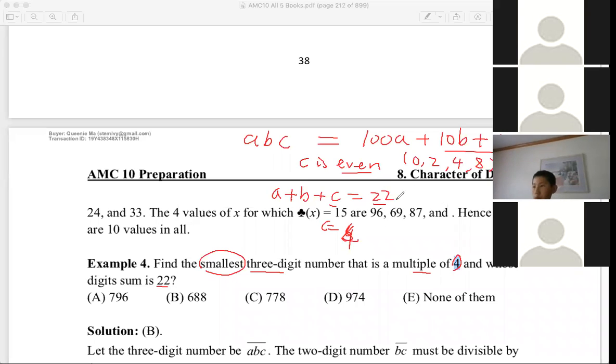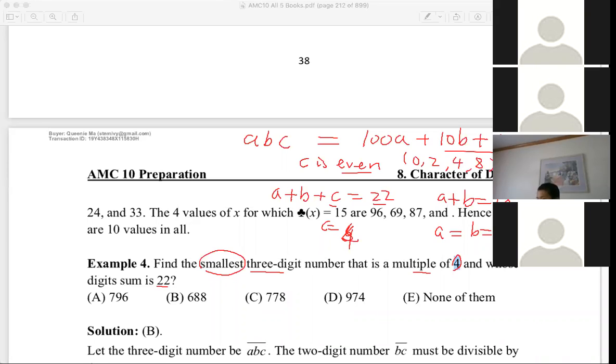Then A plus B will equal 18, right? So that means for A and B the only choice would be A and B equal 9, right? So then that number will be 994.